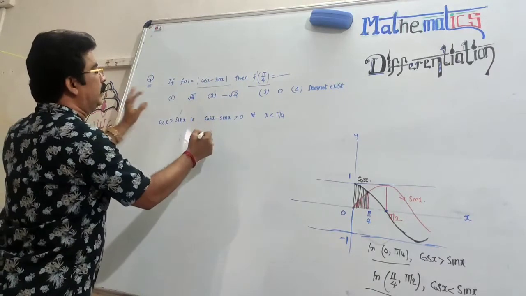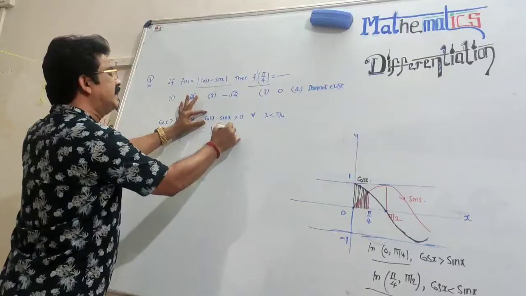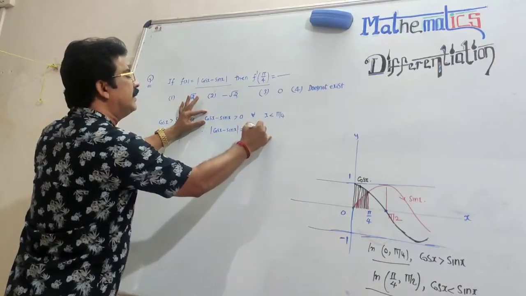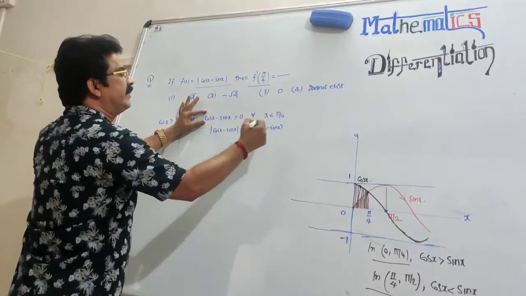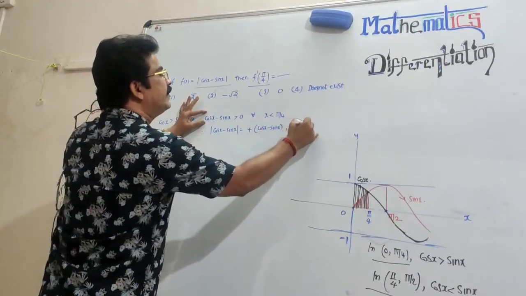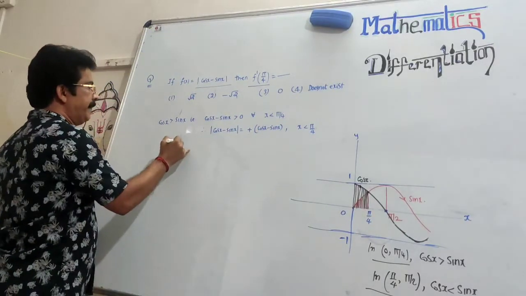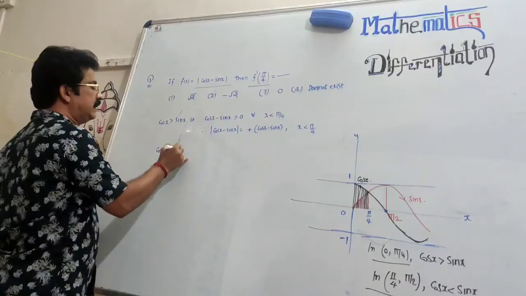Next, so therefore, modulus of cos x minus sin x is simply plus cos x minus sin x, comma, x is less than pi by 4. Similarly, cos x is less than sin x.